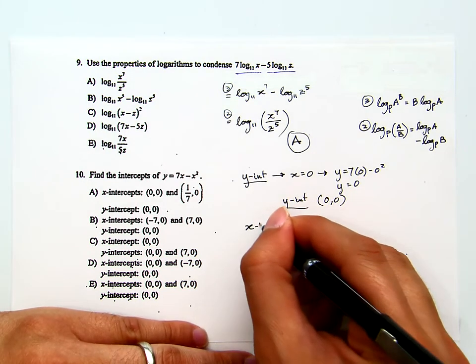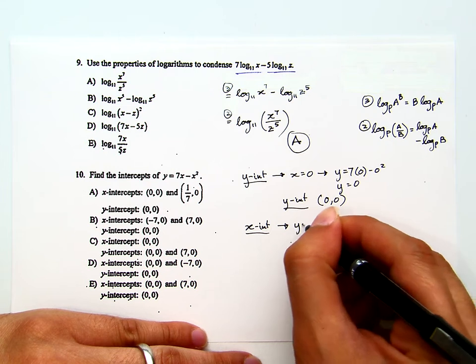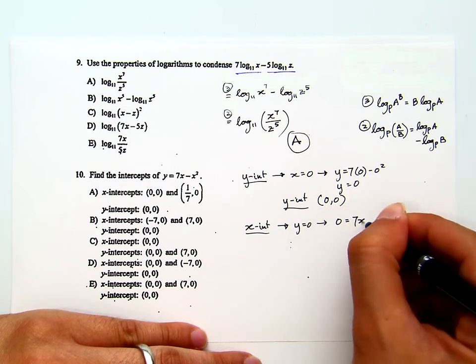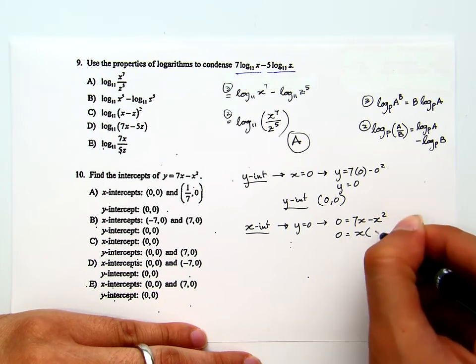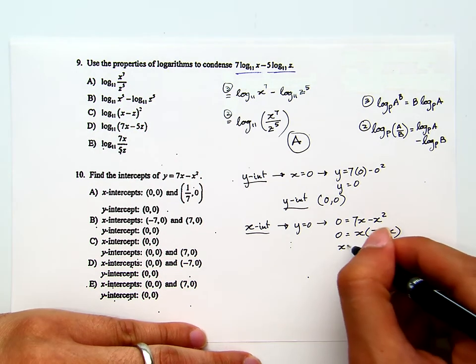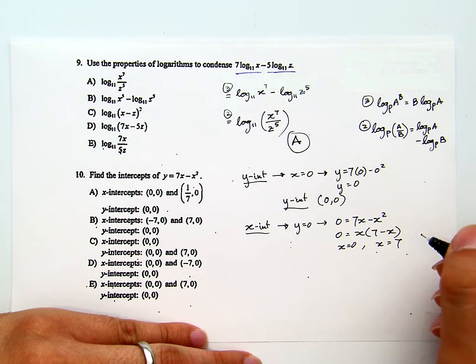Okay? Now, how about the x-intercept? The x-intercept is when y equals 0. When I plug in y equals 0, I will solve for x. It seems like I can factorize that here. Right? Now, from here we see that x equals 0 and x equals 7.